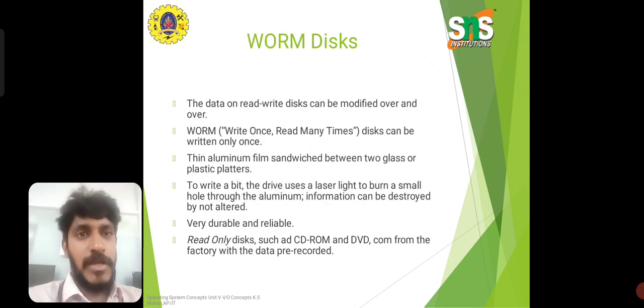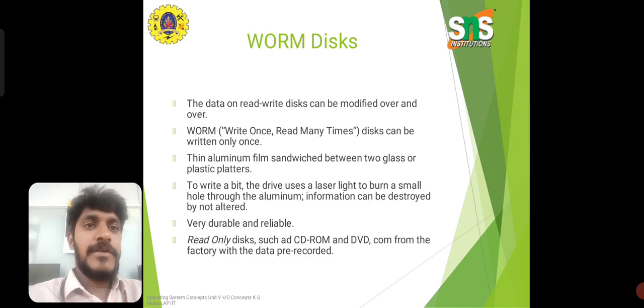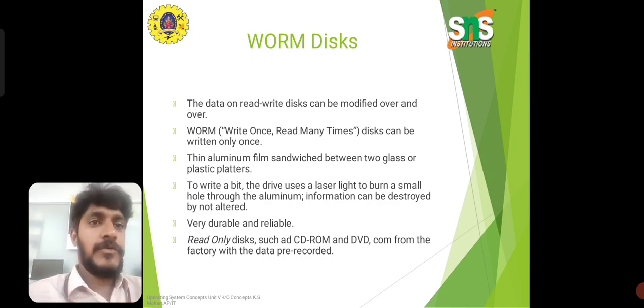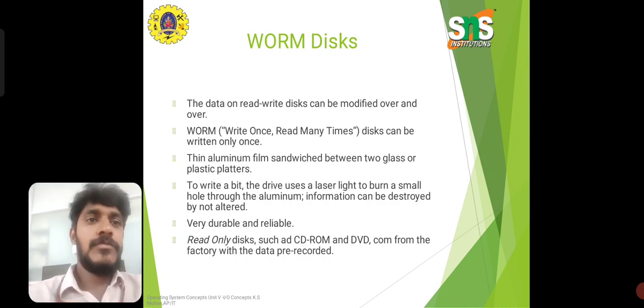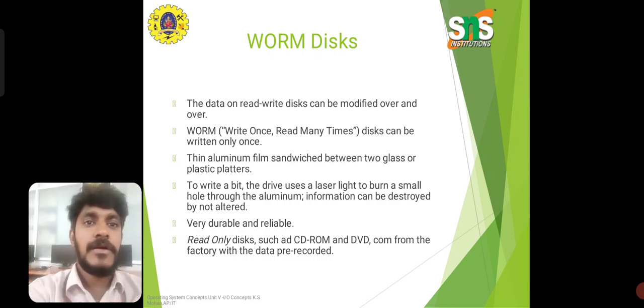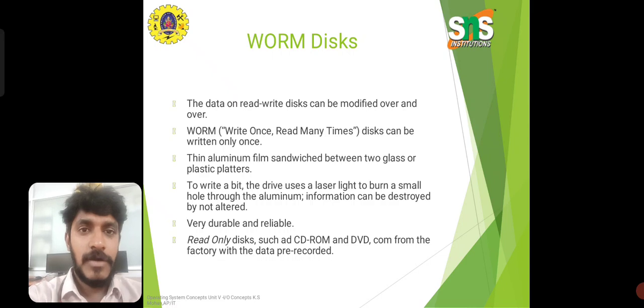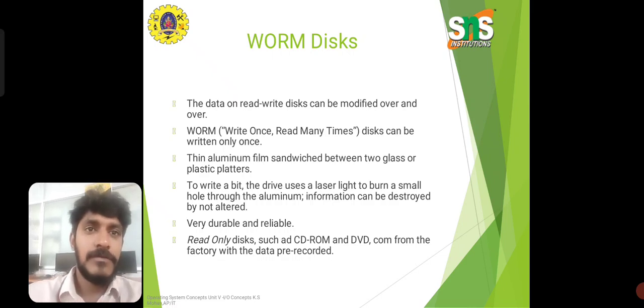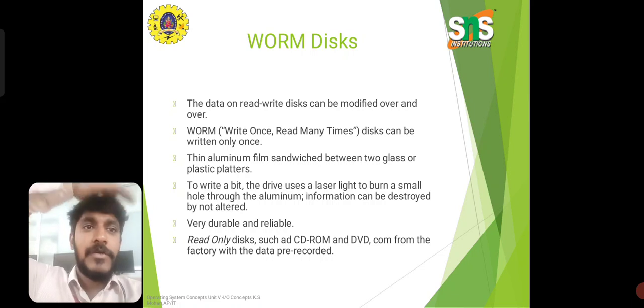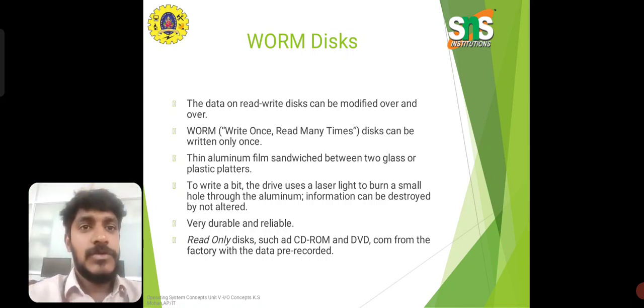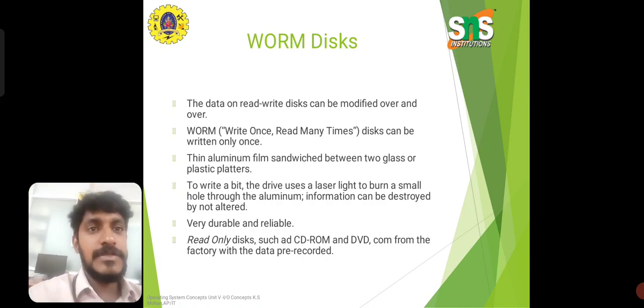Next, we are talking about the WORM disk. The data on a read-write disk can be modified over and over, while a WORM disk is write once, read many times. It can be written only once. WORM stands for write once, read many. It is an aluminum film sandwiched between two glass or plastic platters.